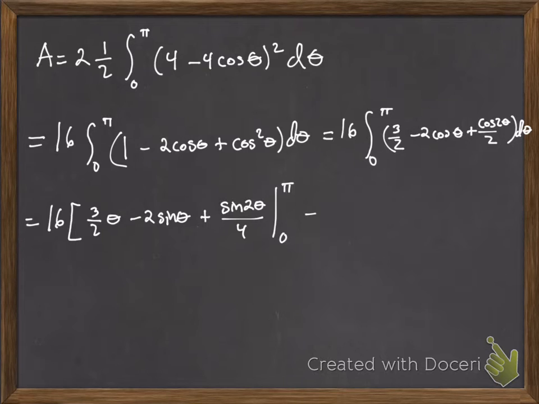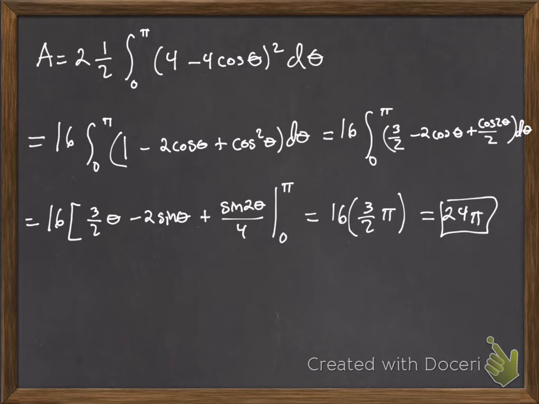Now when we stick 0 and pi in, we have the sine of 0 and the sine of 2 pi, both of which are 0. Plugging 0 and pi in for the sine theta term, the sine of both of those is 0, so the sines aren't going to contribute anything. Essentially all that's going to matter is the pi; the 0 won't do anything either. So it's going to be 16 times 3 halves times pi, and that gives us 24 pi as the complete area of this figure.